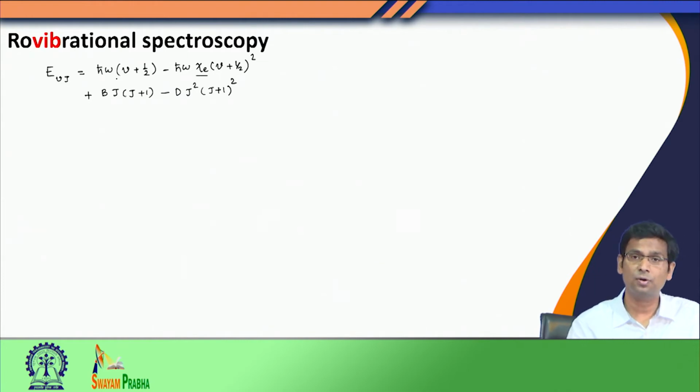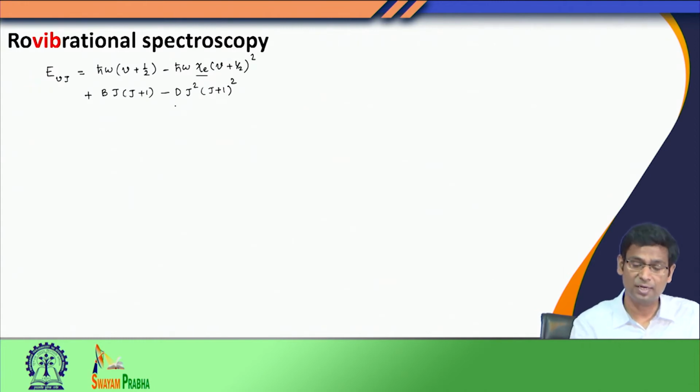We know that rotational energy levels are very closely spaced as compared to the vibrational energy levels. So, in most cases the anharmonic correction that we have here is going to be small, although not necessarily always smaller than the rotational energy levels, but in most cases it is going to be much smaller. So, we can ignore the anharmonic correction.